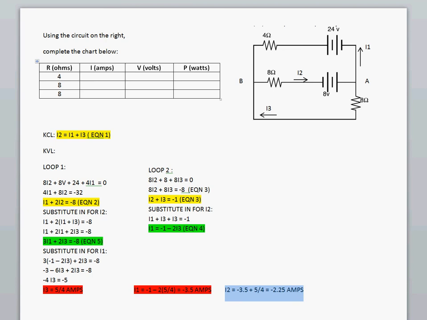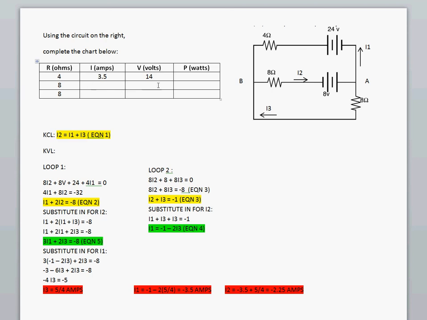I can substitute those back into my chart up here because the current going through the 4 ohm resistor is I1, and I1 is 3.5 amps. And so the voltage drop there is just V equals IR. So that will give you a voltage drop of 14 volts. I've already put volts up top.